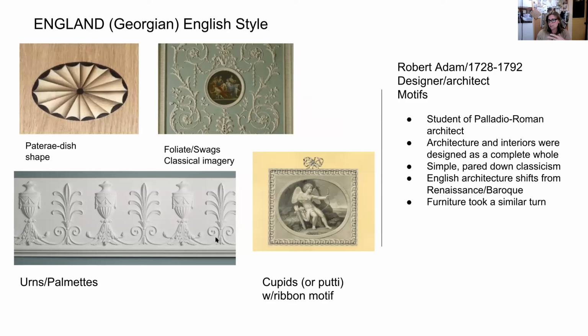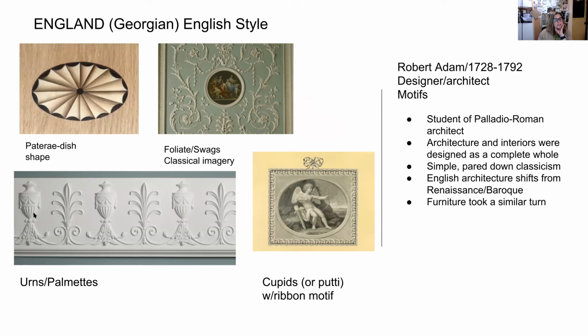So a lot of plaster work, a lot of shapes in molded plaster. He really goes really far with it, and it's really cool. So down here we've got the urns, right?